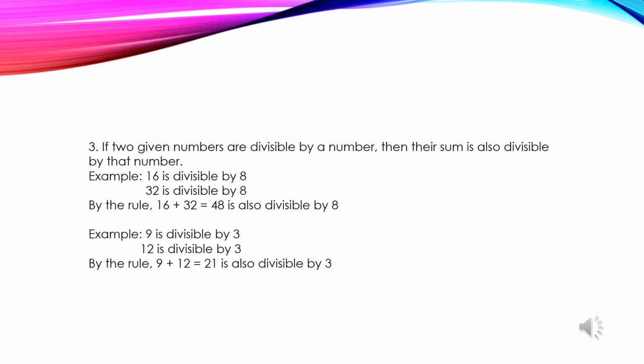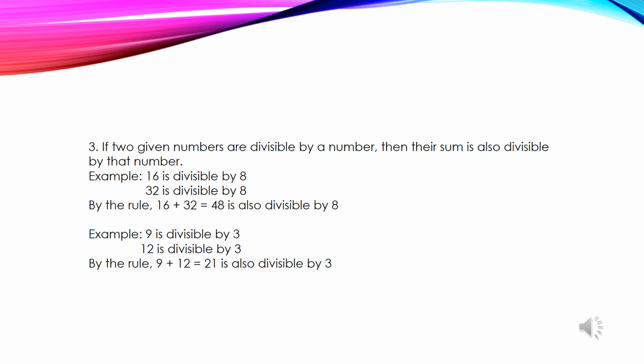Now if you add 16 and 32, you will get 48. And finally we say that by this rule, after adding those numbers, you are getting 48 and this 48 is also divisible by 8.